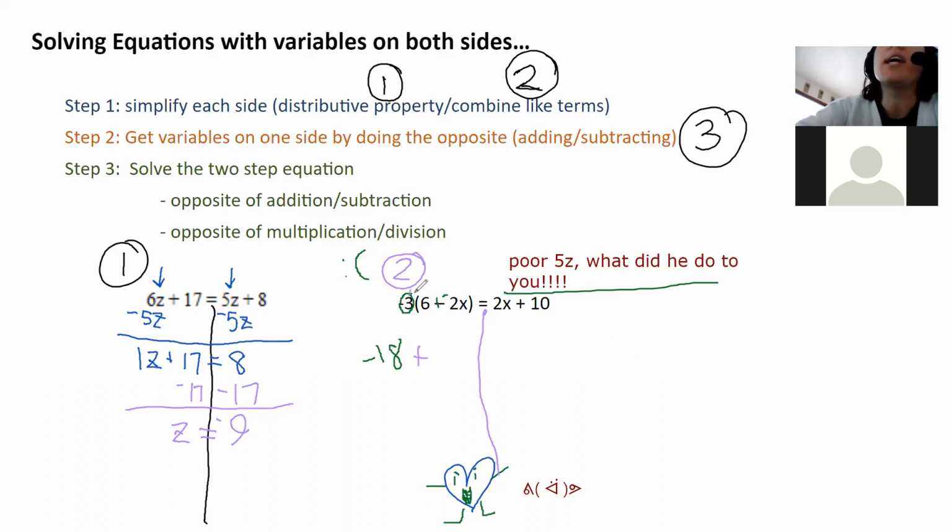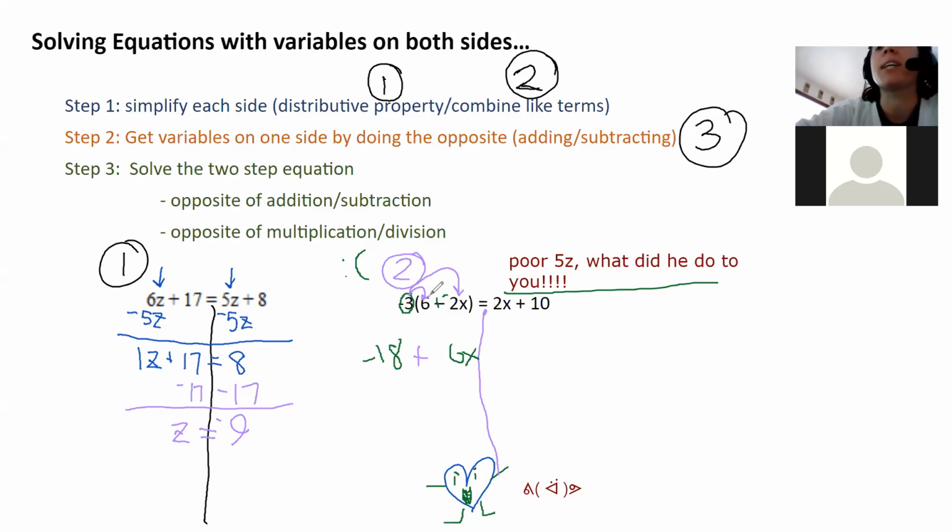And then we're going to go -3 times -2. So what's -3 times -2? Good. Very good. It's 6, but remember, negative times a negative is a positive. This is where you get that positive.